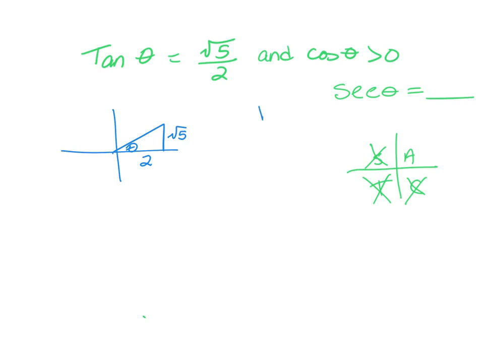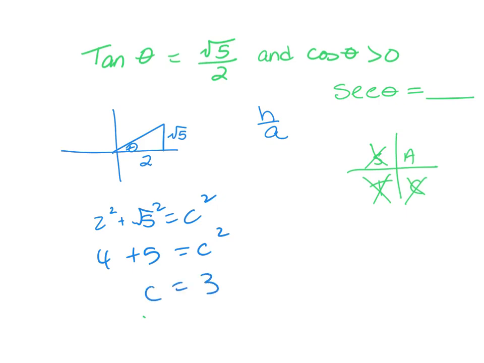So it's going to be hypotenuse over adjacent. We do 2 squared plus root 5 squared equals c squared. 4 plus 5 equals c squared. C equals 3. So now we need 3 over 2 should be the answer. And it's positive because everybody's positive in the first quadrant.